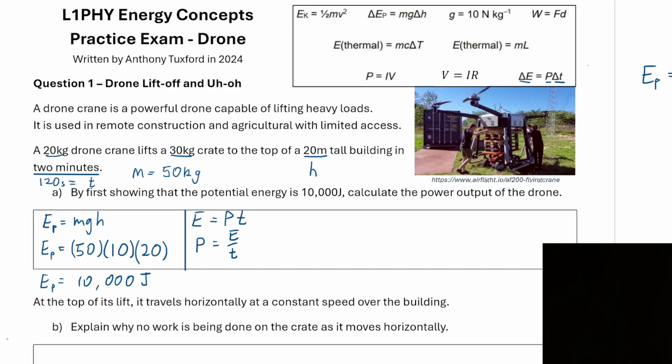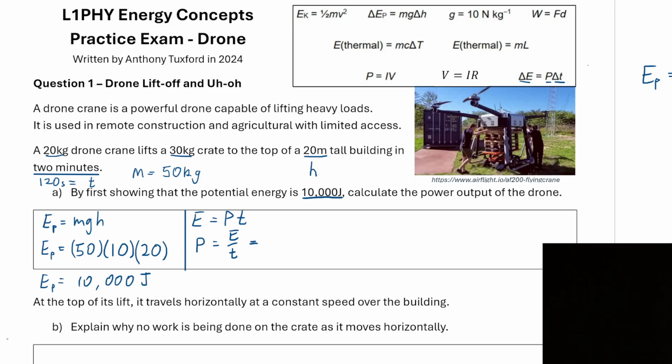And so power is how much energy you can output in how long it takes. So if you output the same energy in a shorter time, you have a higher power output. Whereas if it takes you longer, your power output is lower. So now that we have the equation we're going to use, we can substitute in energy.